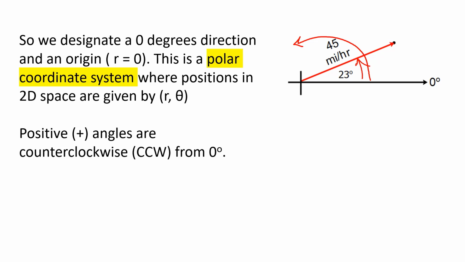Okay, and so these are negative angles. Okay, so this might be negative 40 degrees. All right, and you can rotate in a negative direction all you want, as much as you want, to infinity. All right, and then you go out a certain distance from the origin. That's the magnitude, the length of the ray.